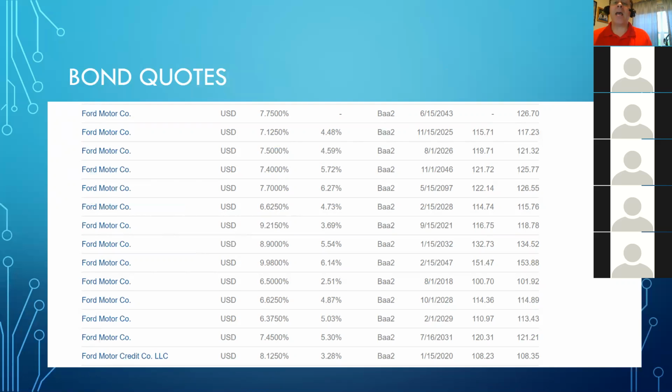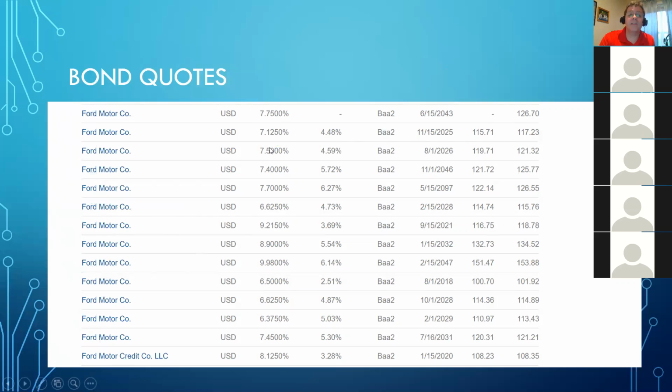By loaning them more than $1,000, when they pay us 7% based on 1,000, we're really only making 4.5%. That's how bonds adjust based on changes in interest rate.